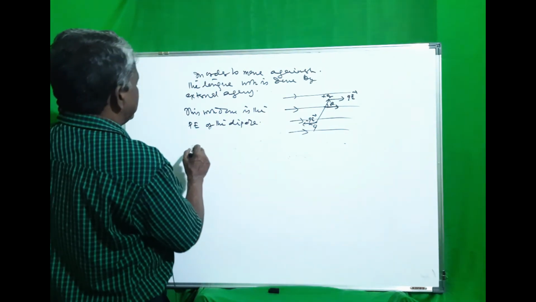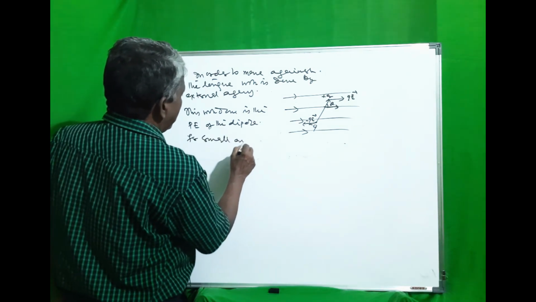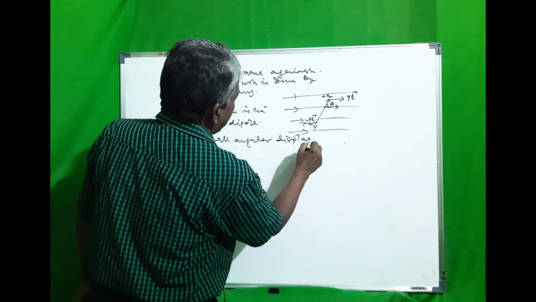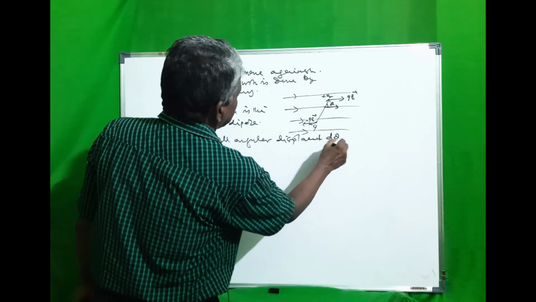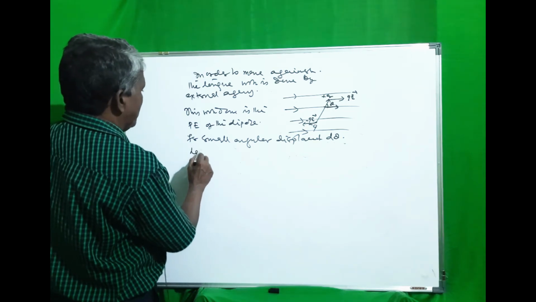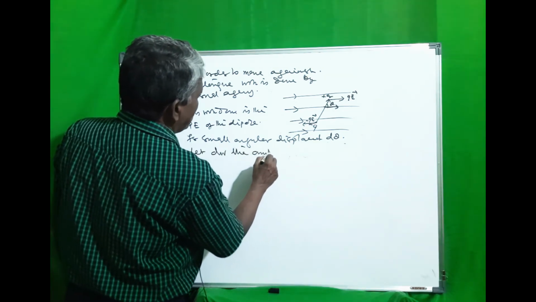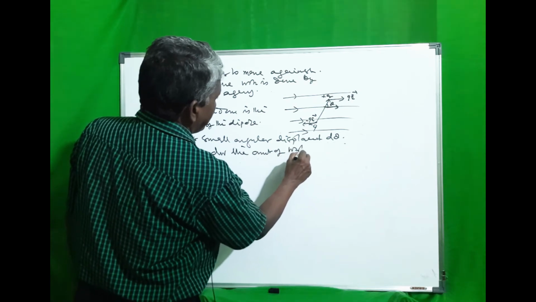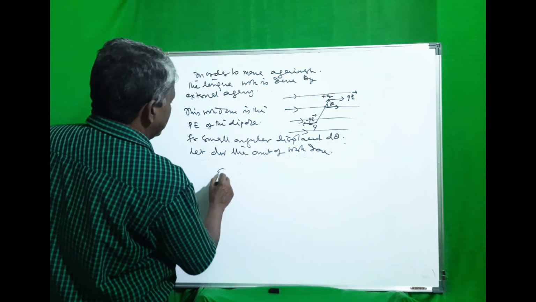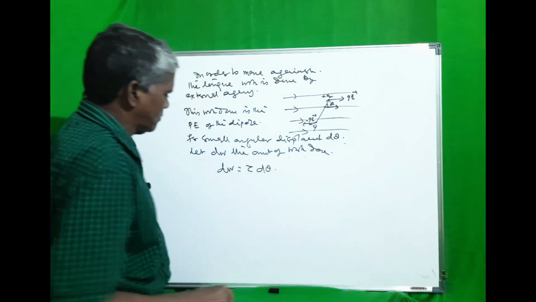For a small angular displacement d theta, let dW be the amount of work done. So dW is equal to tau d theta.